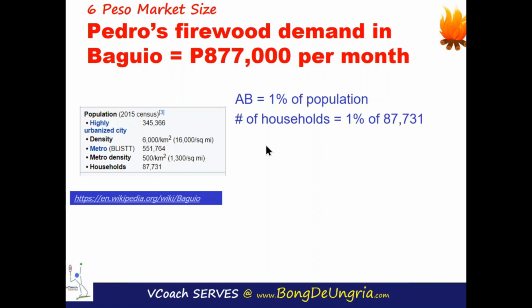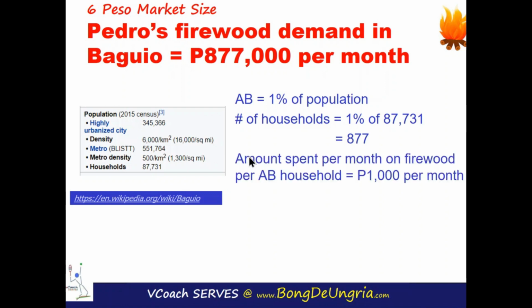And since 1% of the total population will show 877 households would be Class AB, where there could be a Pedro, the wealthy family man.